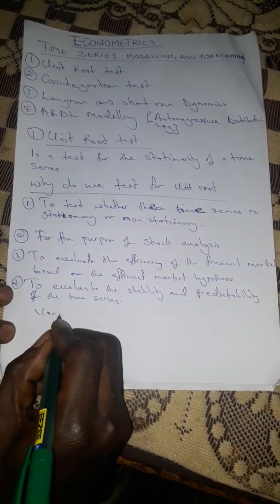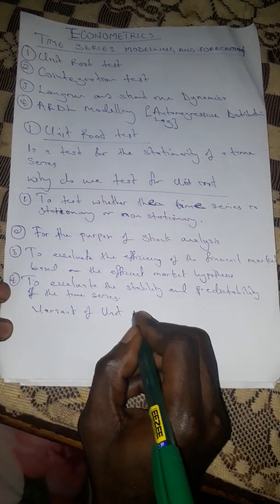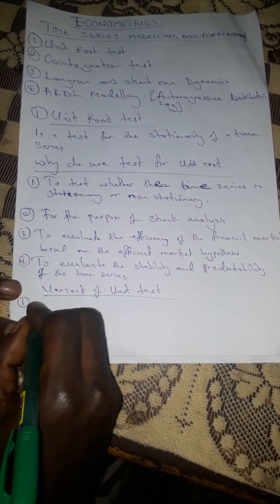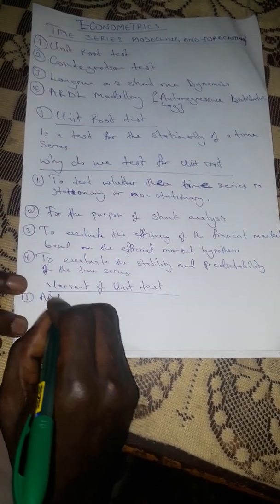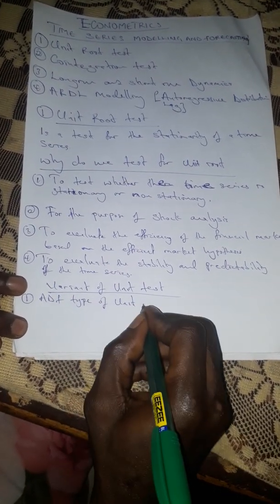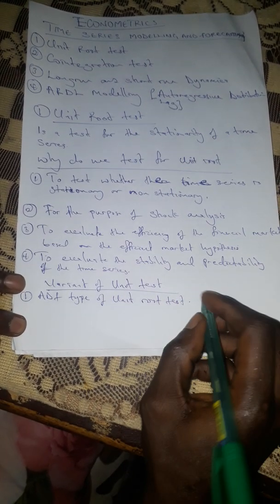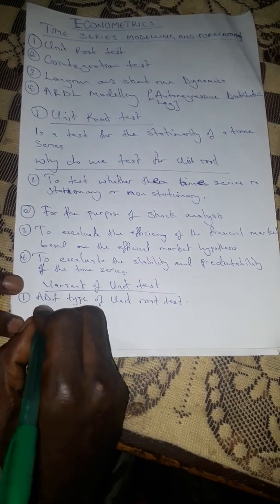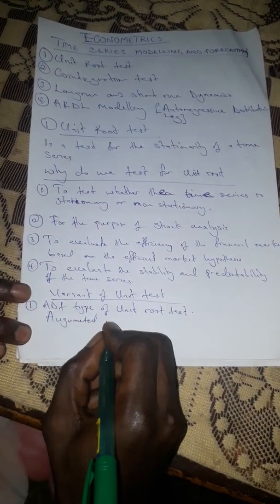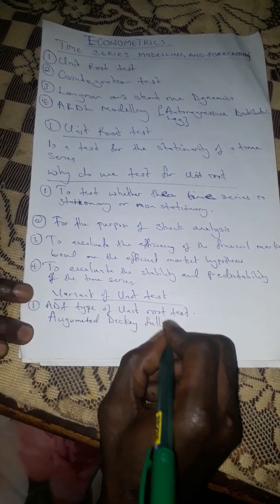So the types of unit root test we have, 3 variants actually. One, the ADF type of unit root test. When we talk about ADF, we mean the augmented Dickey Fuller test.